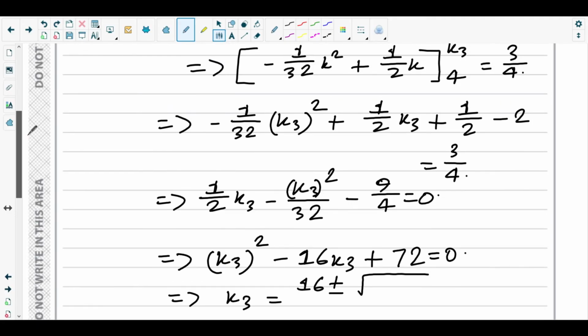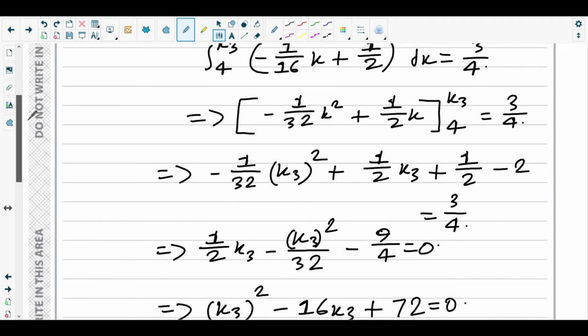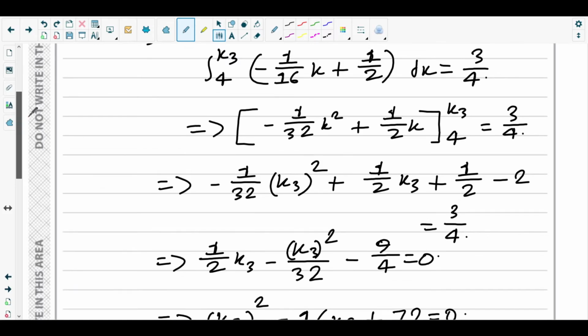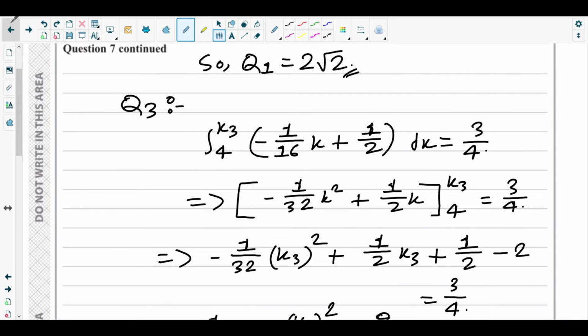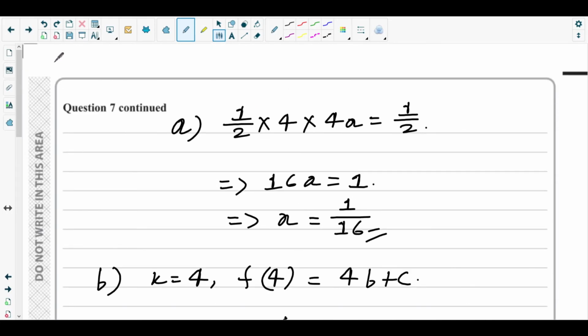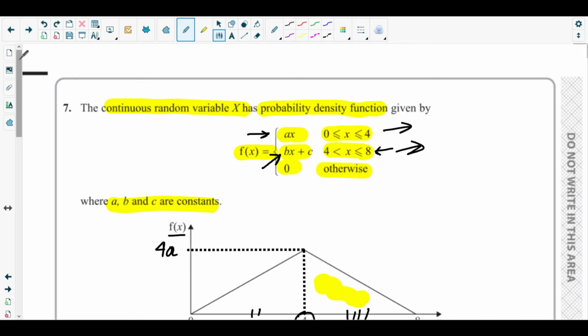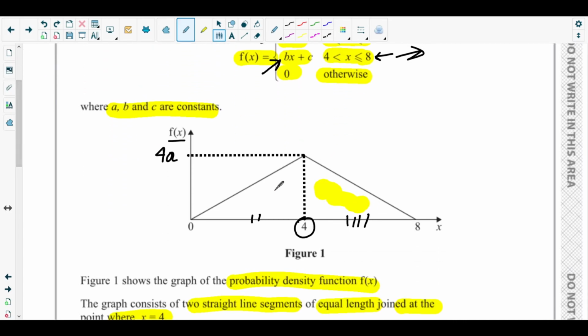Okay, the mistake is we didn't consider the a x part, right? We have to add half with that. Yeah, we missed this part. Look. Okay, let me show you. It is basically cumulative probability, right? So this area is half. We didn't consider this earlier. Okay, so half plus that part, it is Q3.